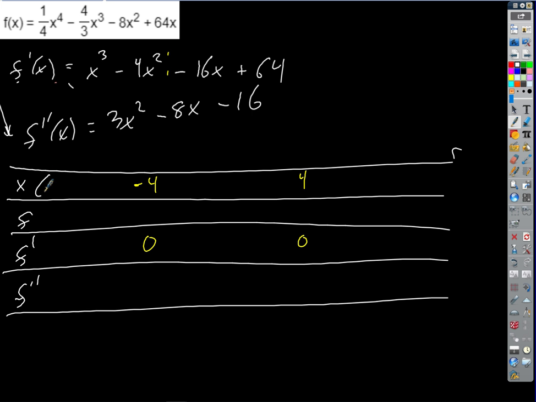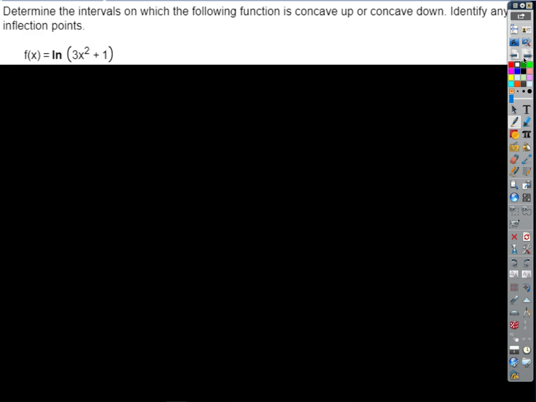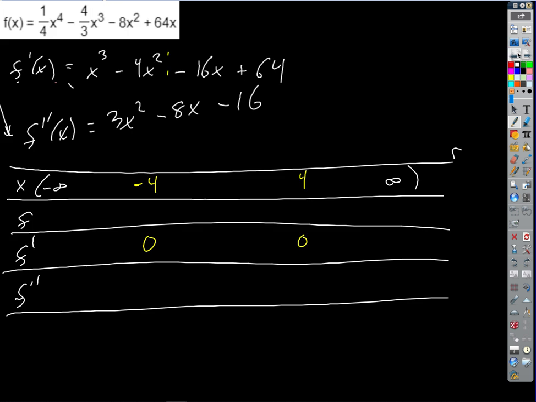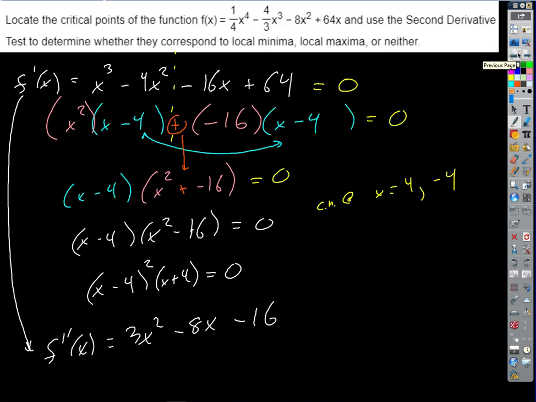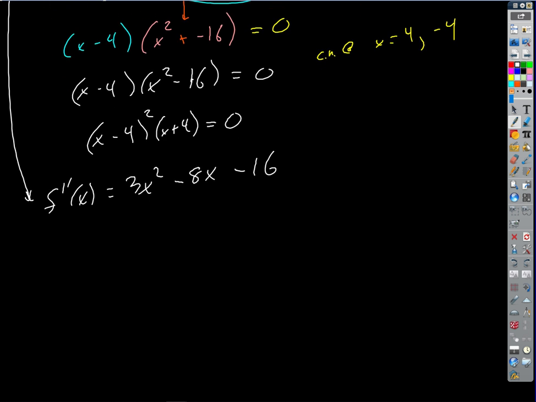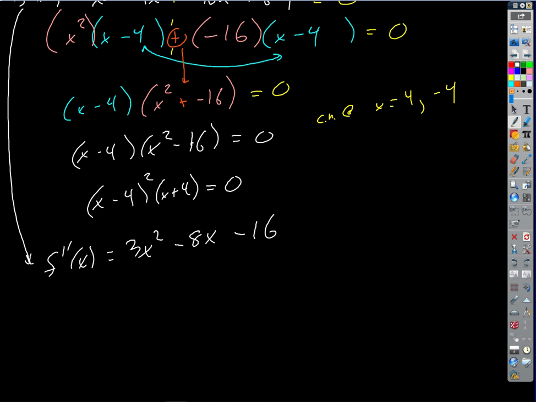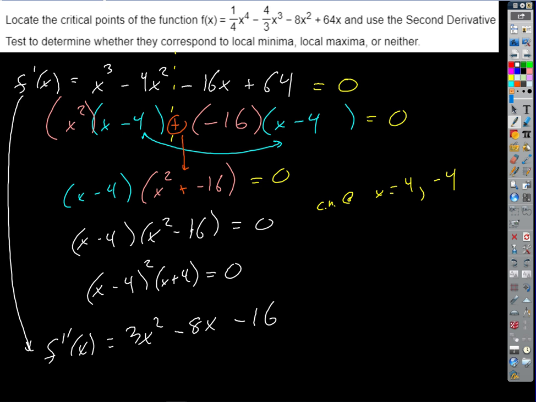It's a polynomial, so the domain is infinite. And then second derivative, we left off here, right? Remember where we were? We were just looking at another polynomial, okay?